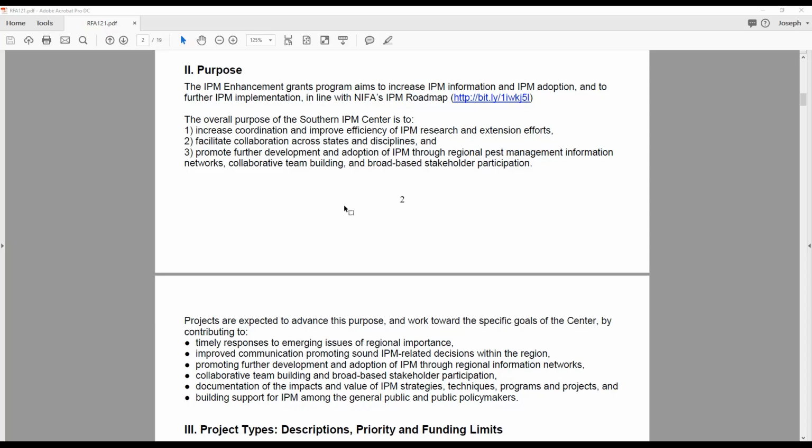All the projects that we're going to fund fit into these guidelines for why we're trying to improve integrated pest management. You can also find the IPM roadmap at that link. These are all things that we're expecting people to cite when they're talking about the background justification for why their project fits the purpose of this RFA.